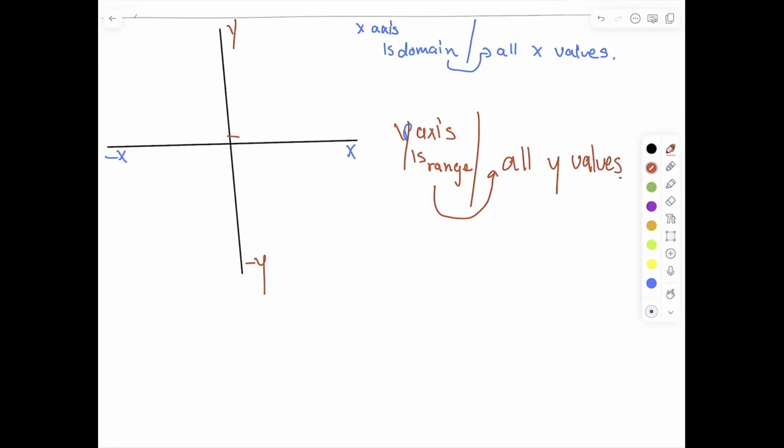Now, what did we say about y values? Do they go left and right? Or are they the elevator? We said earlier that x values are like the train, right? They go left and right.